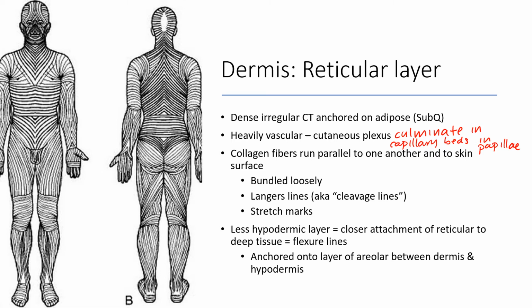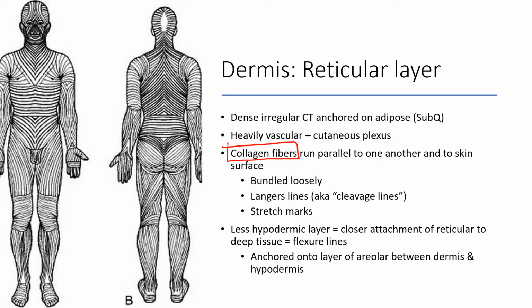The reticular layer, being dense irregular connective tissue, the fiber type is mostly collagen. Again, there's going to be some elastic fibers, there's going to be some reticular fibers, but it's predominantly collagen fibers.